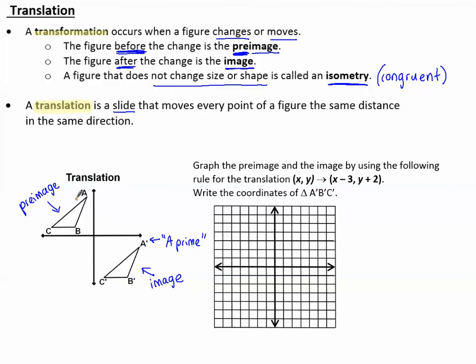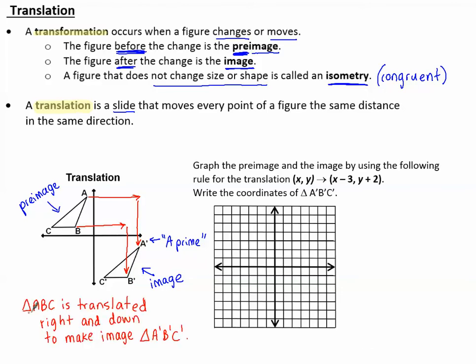So how is this pre-image translated? It looks like it was translated to the right and then down. Notice that any point I pick, such as maybe point B, will translate the same amount in the same direction. Point B translates to the right and then down to make the image point B prime.